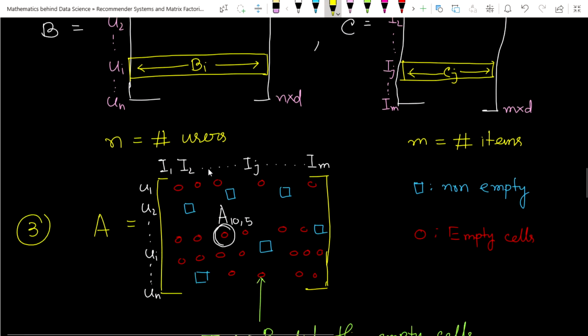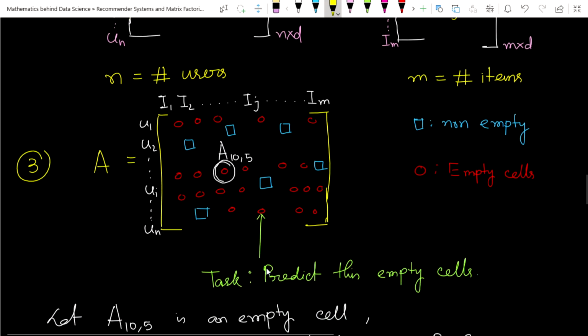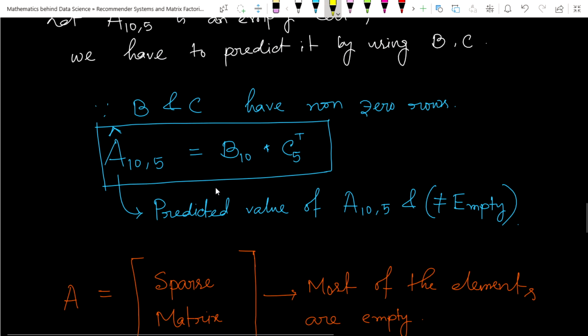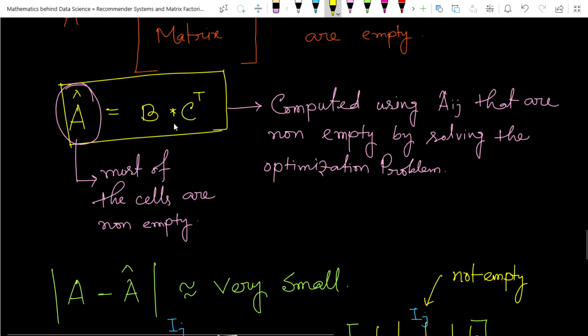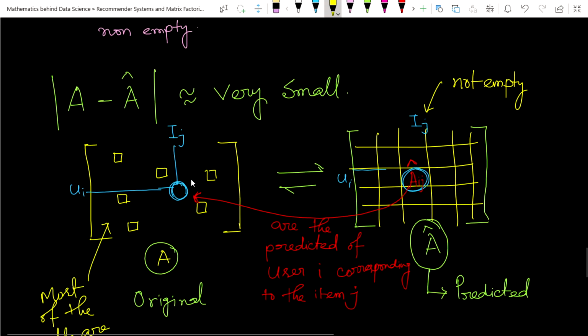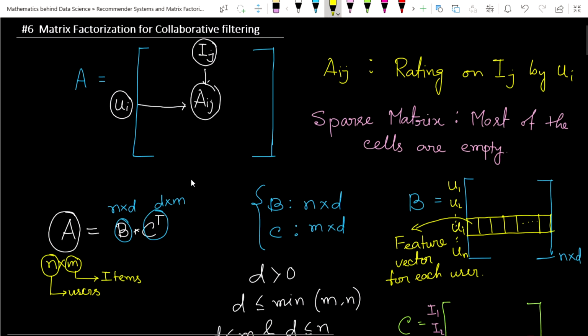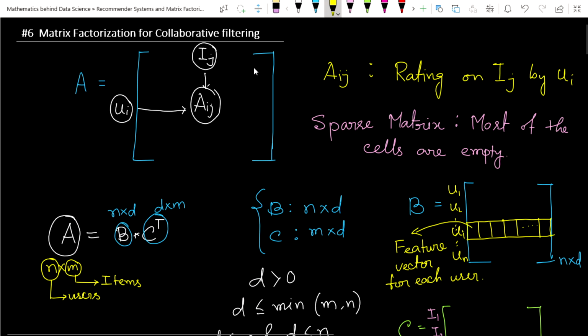In the third step, by simple multiplication of B and C transpose, we get the predicted value of A_ij, and based on this predicted value we build the recommender system. I think you got the idea. This is the simple matrix factorization idea that we have used here to build the collaborative filtering technique.